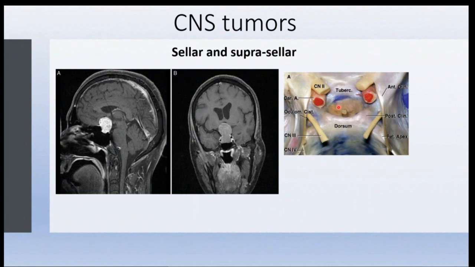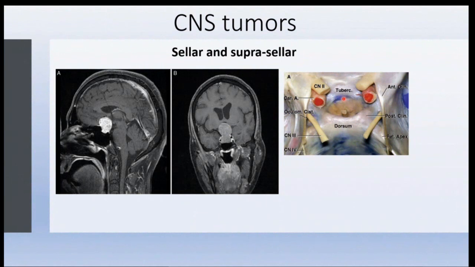These can extend within the sella, filling the sella, and then extend to the suprasellar space. And you need to imagine how close the optic nerve, the carotid, and the chiasm will be around this area. How close is the optic chiasm to these tumors? And this is why most of these tumors may present with visual field defect or bitemporal hemianopia due to compression on the optic nerve.